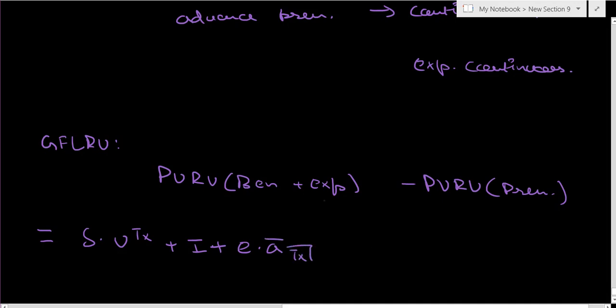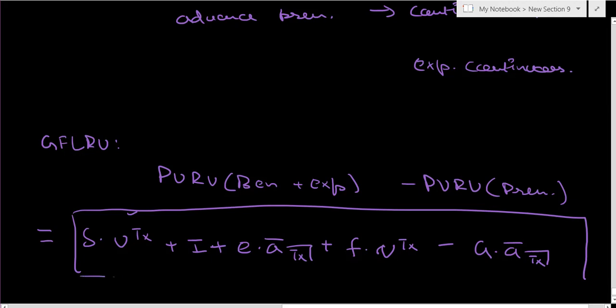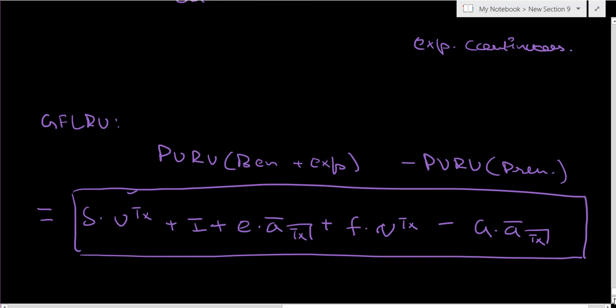Okay, and I have got expenses that are payable at the time of death, that is the benefit or the termination expenses, that is F into v to the power of Tx, same as this. Okay, minus the premium would obviously be G into ā Tx. So that's your gross future loss random variable. See, it's easy to define, right? For any kind of contract, you can actually define it directly, right? Makes a lot of sense. So yeah, that's it.